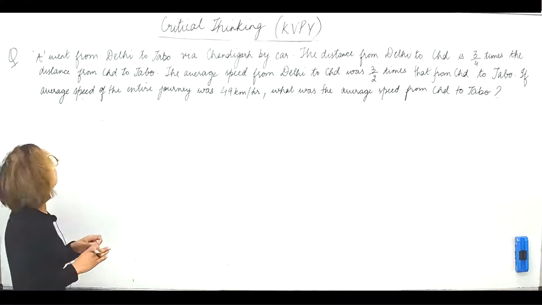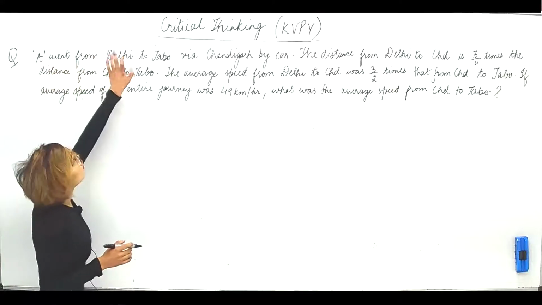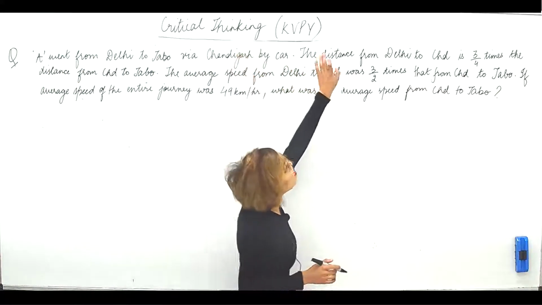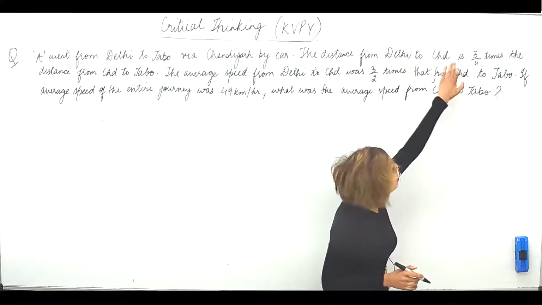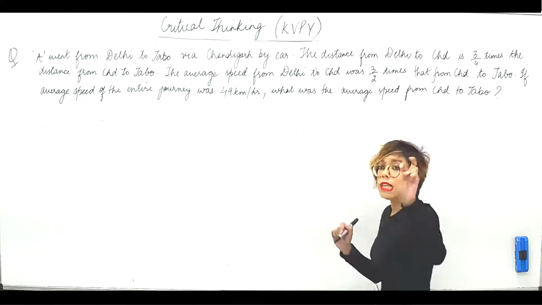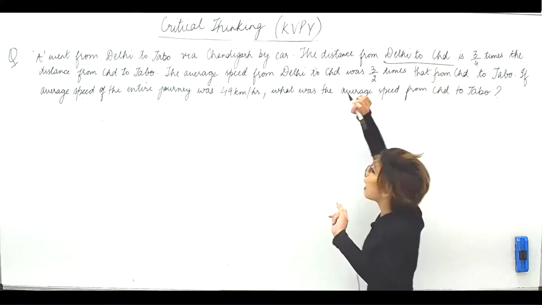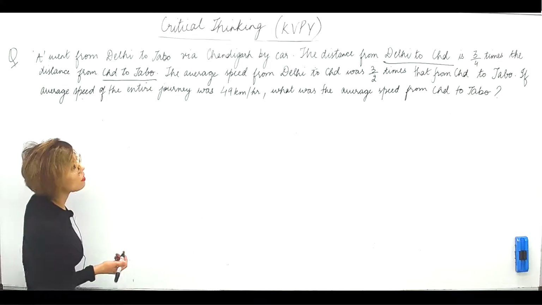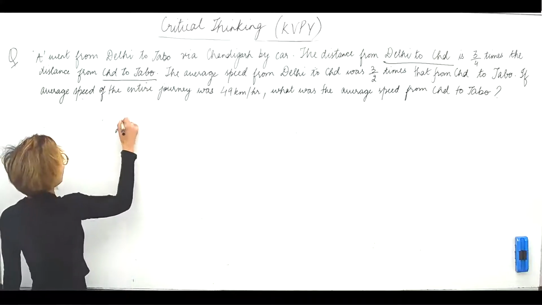Alright, so the next one. A went from Delhi to Tabo via Chandigarh by a car. The distance from Delhi to Chandigarh is 3/4 times the distance from Chandigarh to Tabo. So there are 2 routes involved, Delhi to Chandigarh and Chandigarh to Tabo.